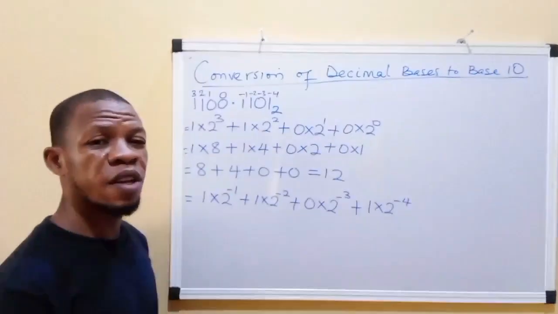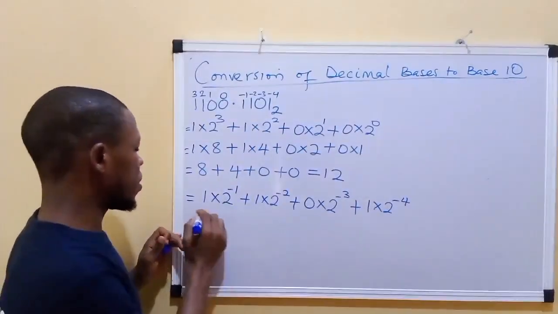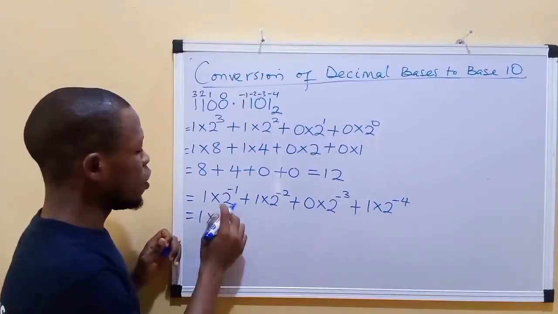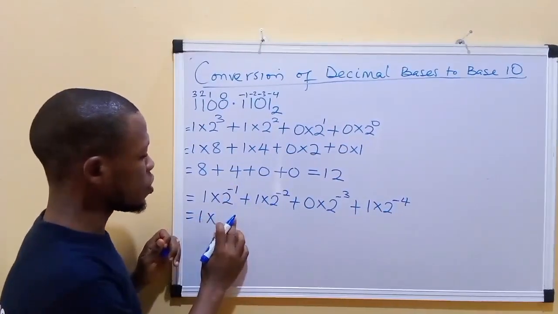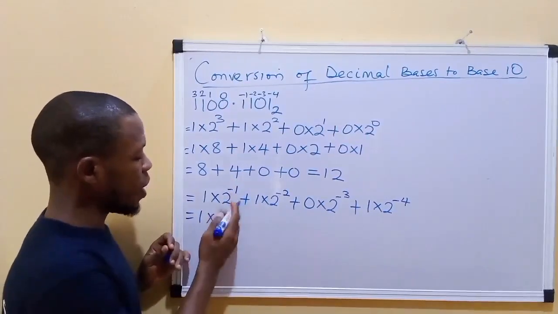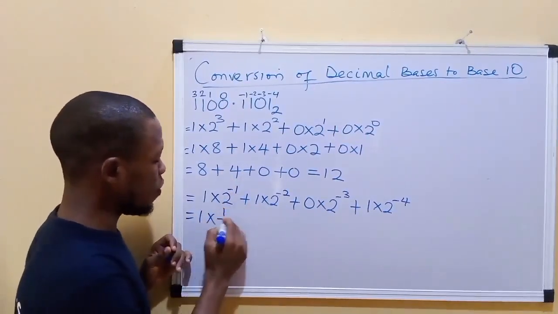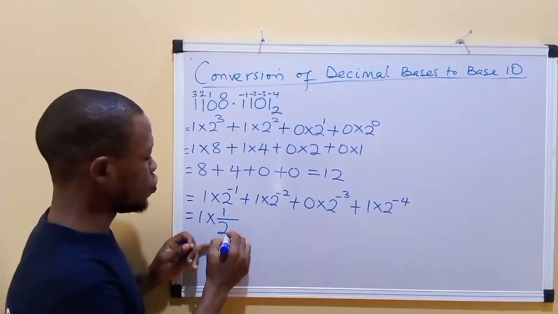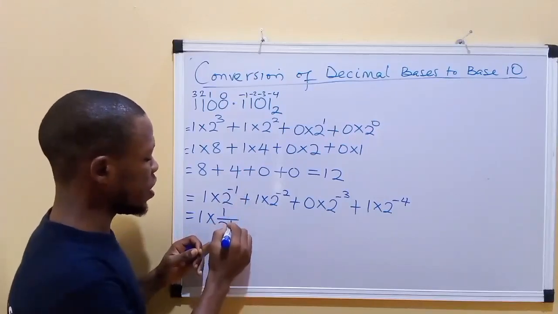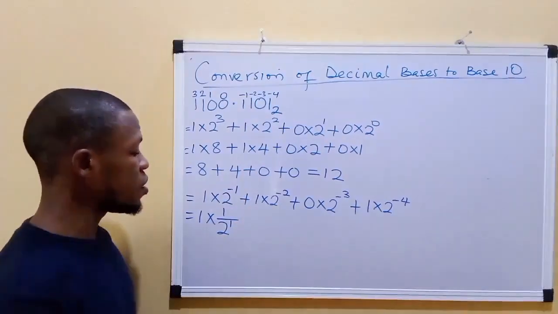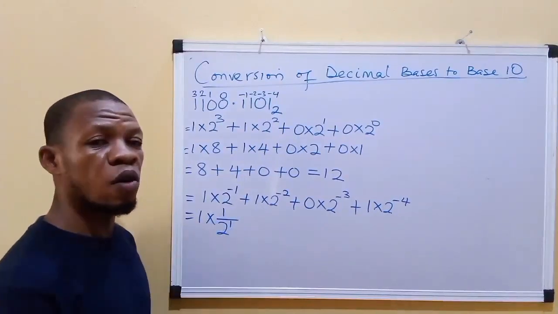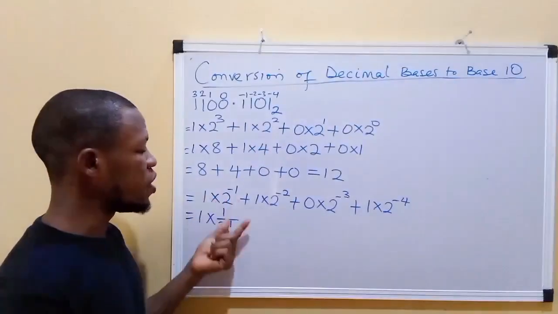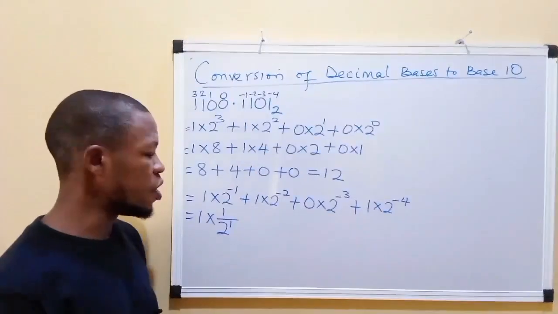Now, according to the law of negative index, we understand that 2 raised to power minus 1 will give us, let's assume this minus to be 1, then we have 1 all over 2 raised to power the positive index. It means 1 all over the base raised to power the positive index.